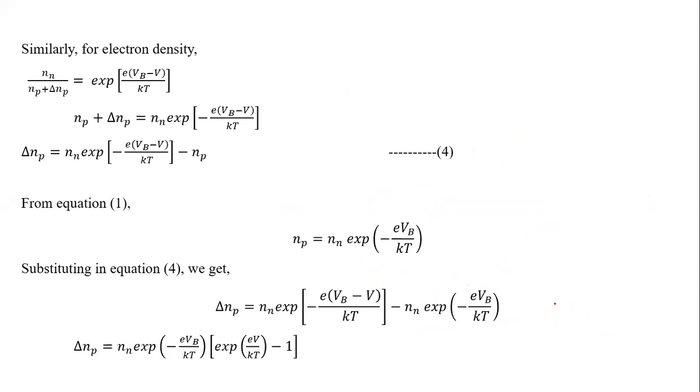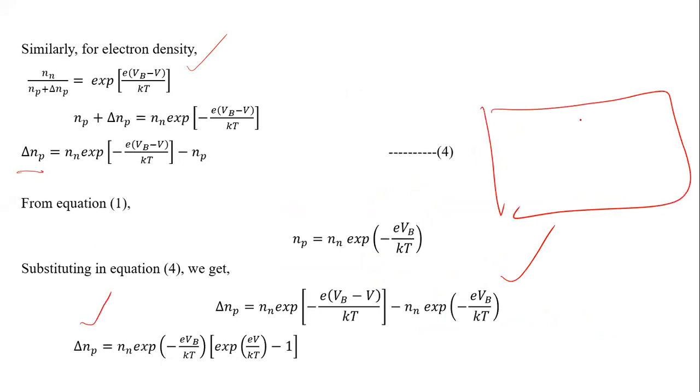Similar to that, you can do the same calculation for the electrons. So del Np, and then eventually you will get this relation. It is the same thing. Del Np is what? You have a p-n junction here, p-type, n-type. You have a large number of electrons.